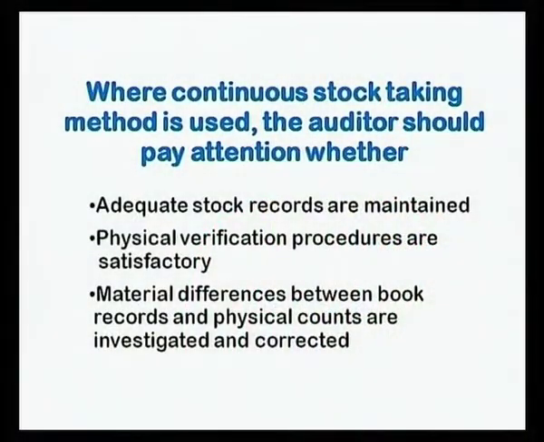Now, where the continuous stock taking method is used, the auditor should pay attention to whether adequate stock records are maintained, physical verification procedures are satisfactory, and material differences between book records and physical counts are investigated and corrected.